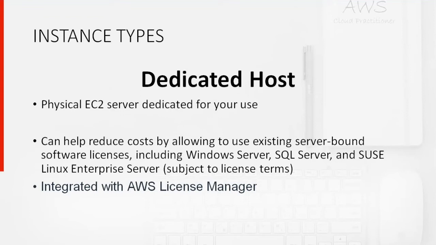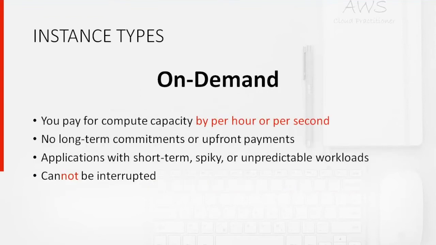Integrated with AWS License Manager. Instance types. On-Demand. You pay for compute capacity by the hour or per second. No long-term commitments or upfront payments. Suited for applications with short-term, spiky, or unpredictable workloads. Cannot be interrupted.